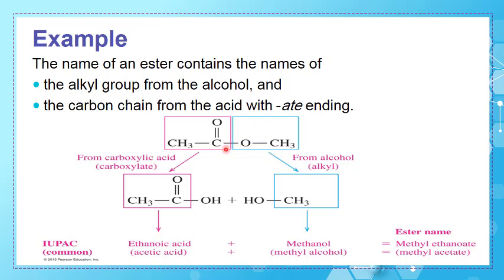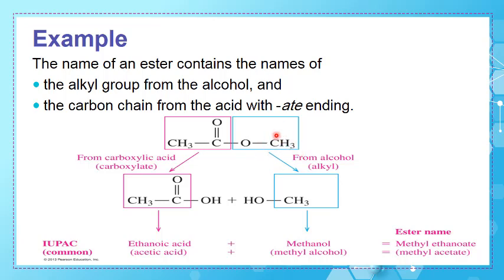So for the alcohol part, what do I have to add here to obtain the original alcohol? I have to add H. So the alcohol from which this ester derived is methanol, and for the carboxylic acid part, I have to add OH here to obtain the original carboxylic acid. It is with 2 carbon atoms, it is ethanoic. So what will be the name? We said that the alcohol part is considered as an alkyl group without considering the presence of oxygen here.